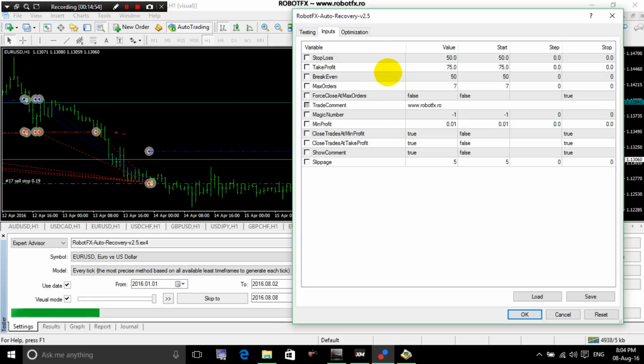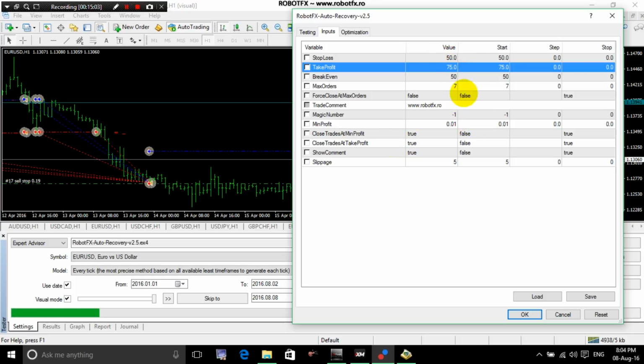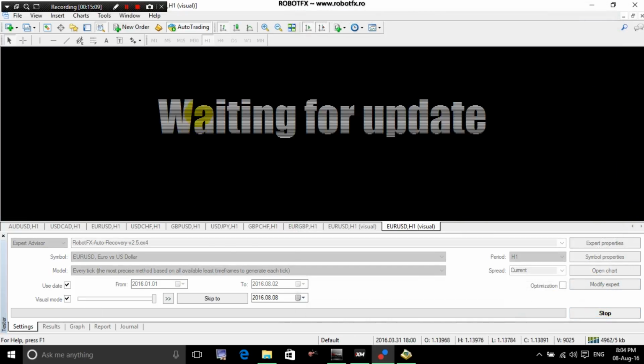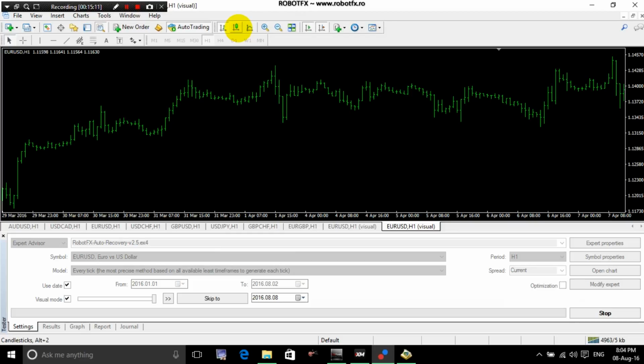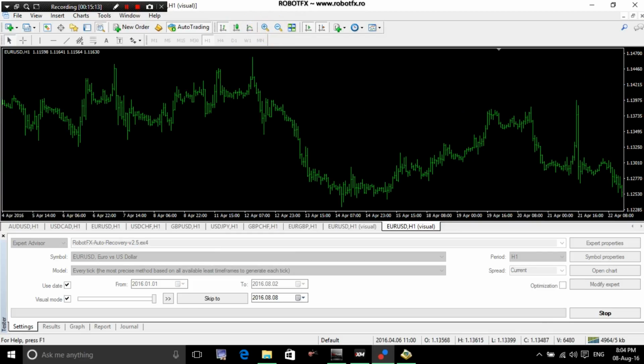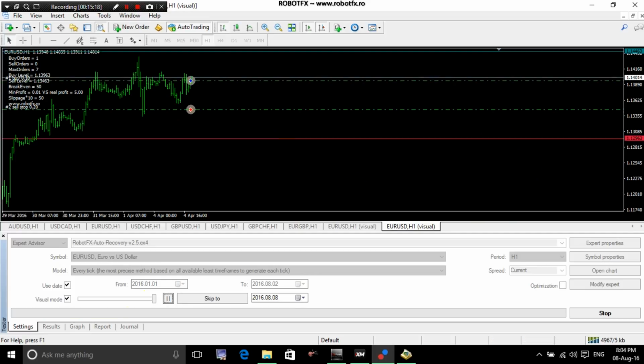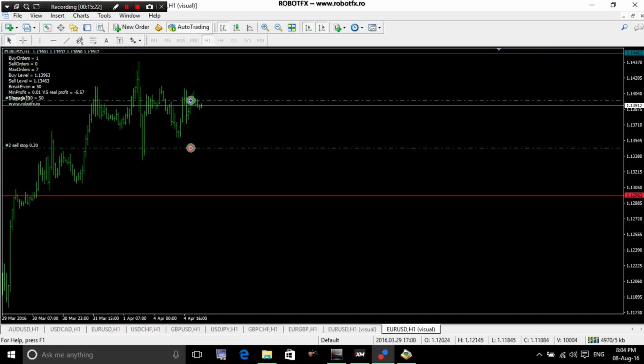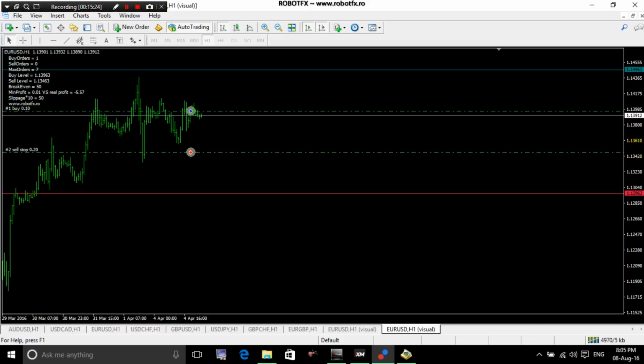It's all about trading style, and in the end, it's all about the first entry that you have to do yourself. Stop loss and take profit. Mind that if this ratio is 1-on-1, let's say 50 and 50 pips, then the expert advisor will calculate the next pending order. So the lot size of that pending order will be double the lot size of the other orders, the opposite orders.